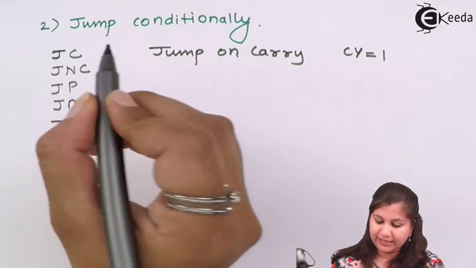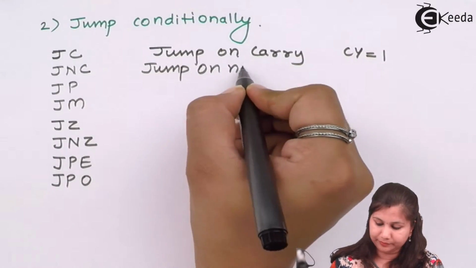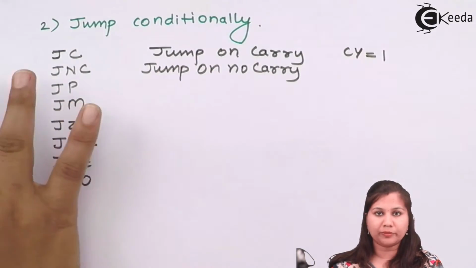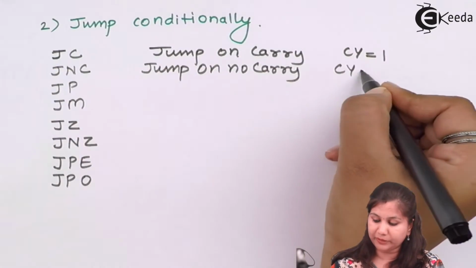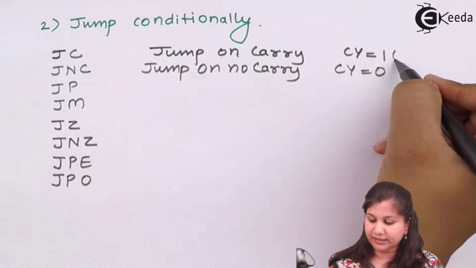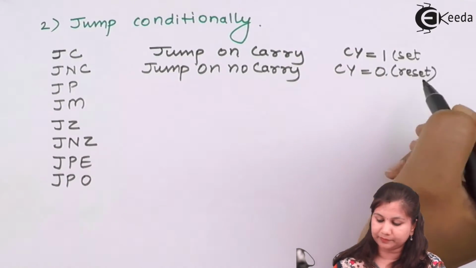Okay. JNC means jump on no carry. No carry means no carry has to be generated, so the carry flag will be 0 in this case. Carry flag 1 means it is set, and carry flag 0 means it is reset.